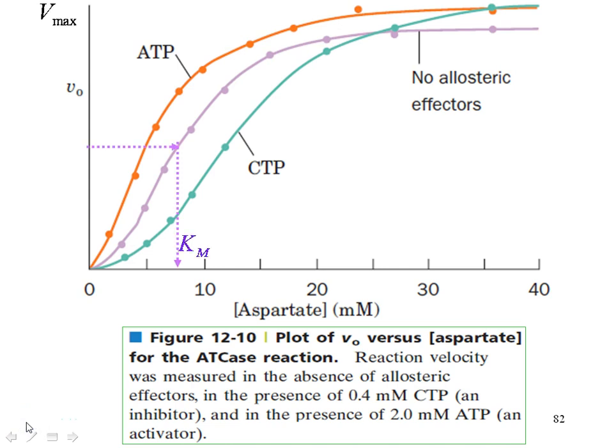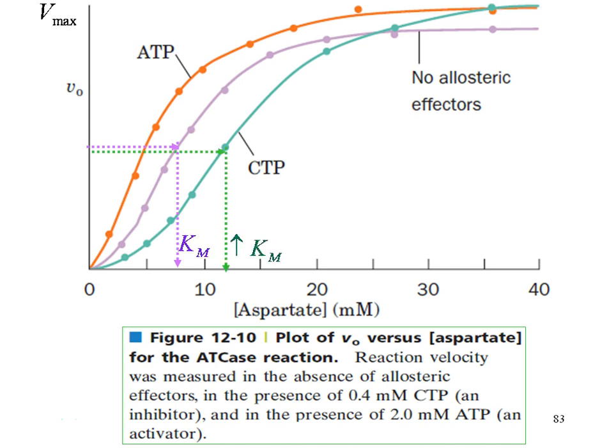So if you look at the Km, the Michaelis constant, you take the Vmax, half of it, you go to the curve, you go down. This is the Km, the Michaelis constant of the enzyme-substrate pair without any effector, whether positive or negative.